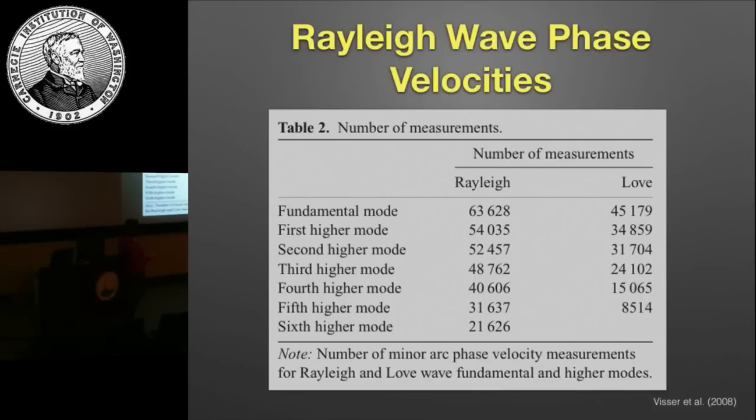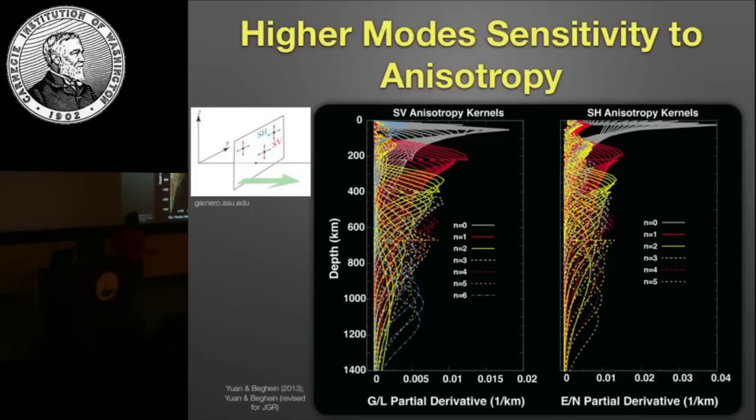The Utrecht group had actually managed to develop a technique that allowed them to more confidently assess the phase velocity of these different modes. And they managed to make measurements of Rayleigh wave and Love wave higher modes over the entire planet using seismic stations all over the globe and earthquakes all over the globe. And so they made this data available to us, and well, I took advantage of it.